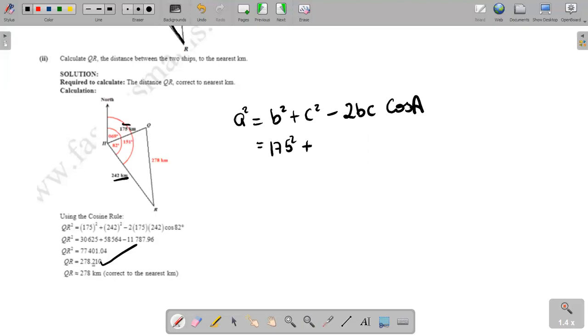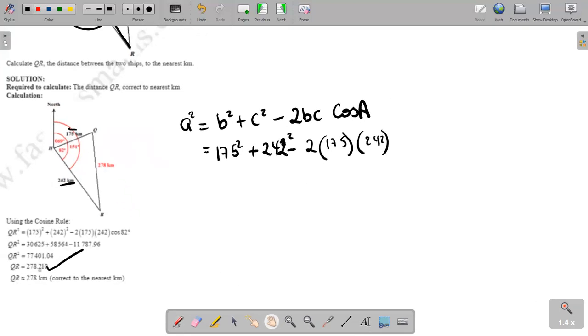The other side, which is 242 squared, minus 2 times 175 times 242 cos, what is the angle? 82. So there we go, calculators out. What is 175 squared, people?